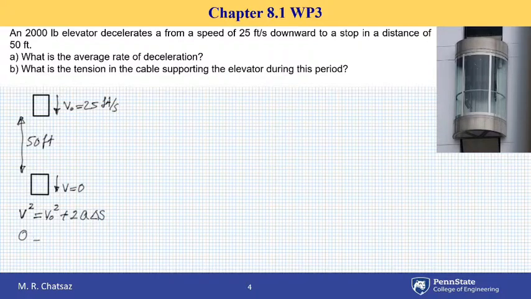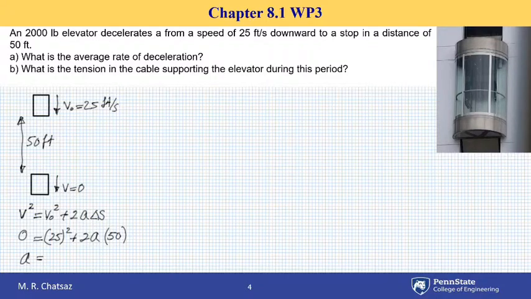So I have 0 for the final velocity. Initial velocity is minus 25 squared. Since I'm squaring it, I ignore the minus sign, plus 2 times a, which is to be determined, times delta S, which is 50 feet.